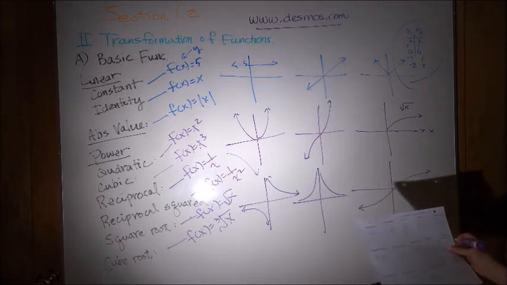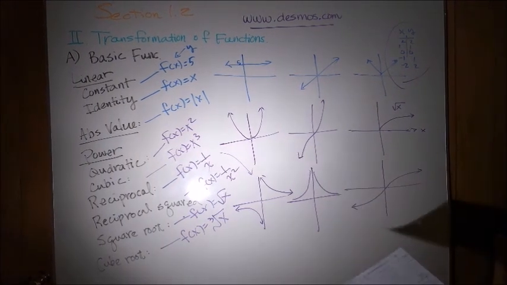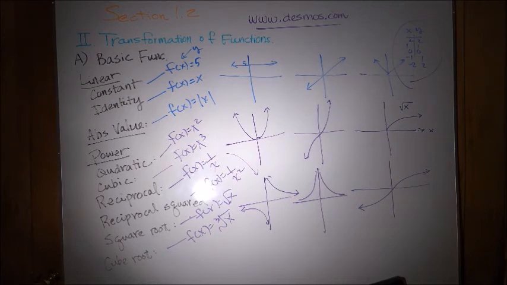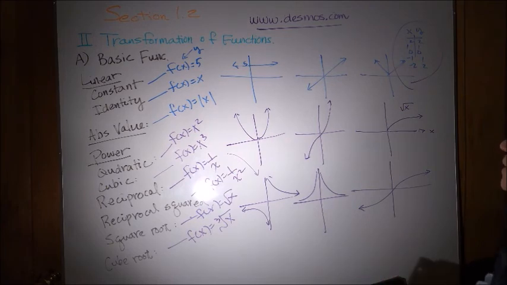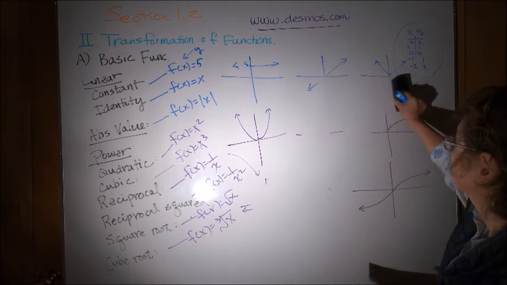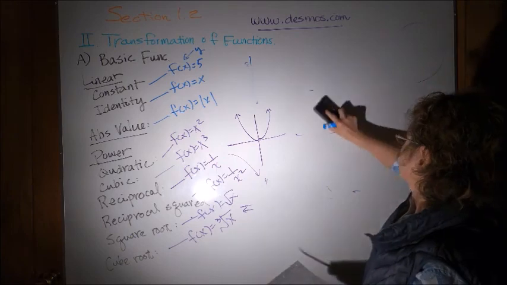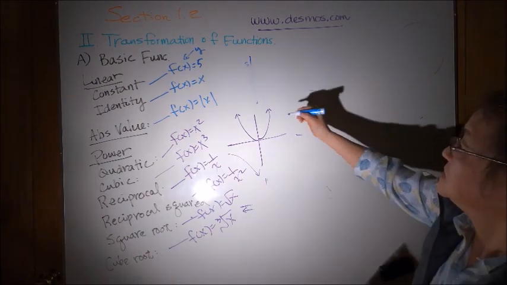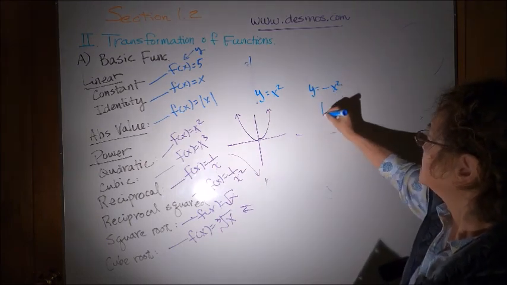So you have the parabola, y equals x squared. This is y equals x squared. If y equals negative x squared, it means what?